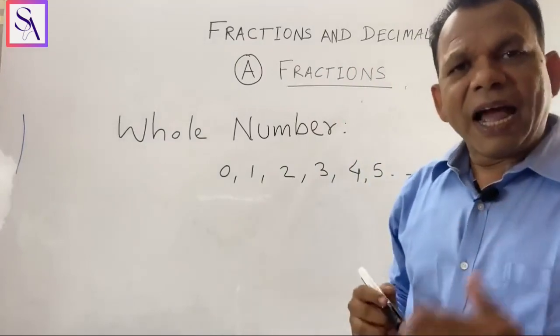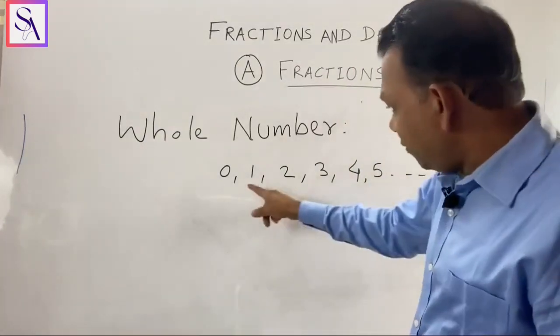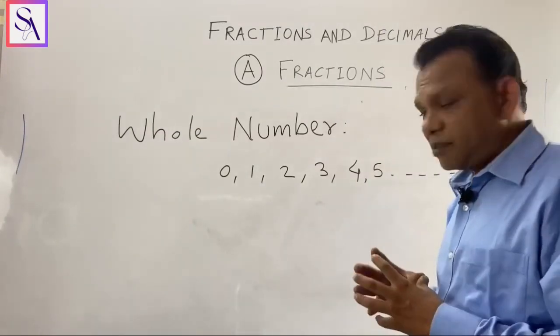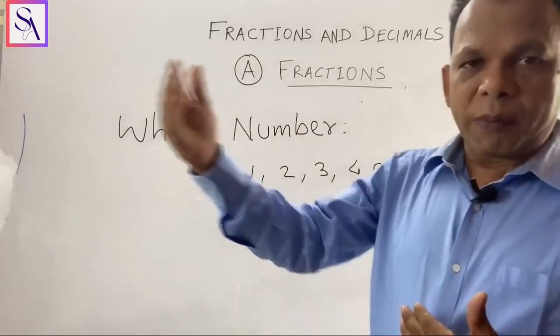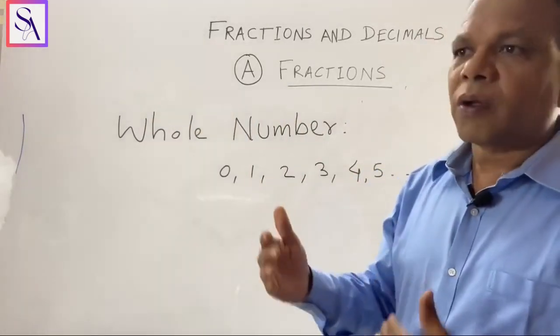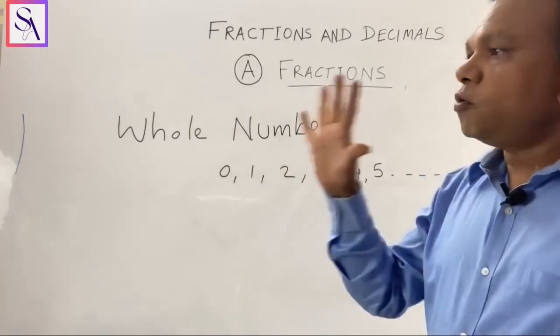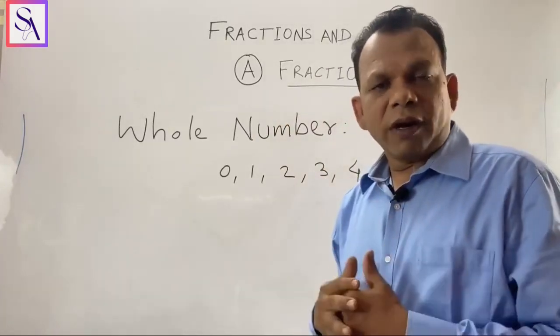The reason behind that is that each and every one of these numbers is complete in its sense. What does it mean? Suppose you go to a shopkeeper and ask for 5 chocolates, he will give exactly 5 chocolates to you.